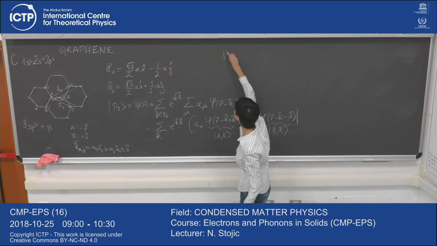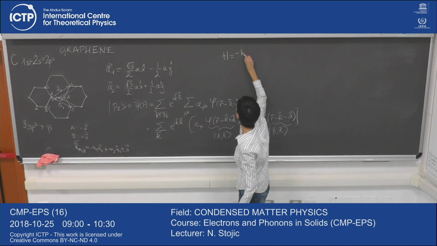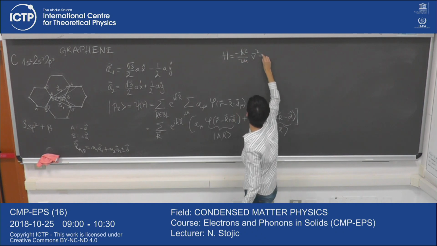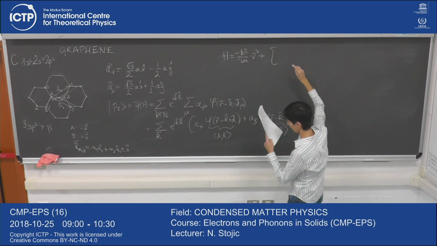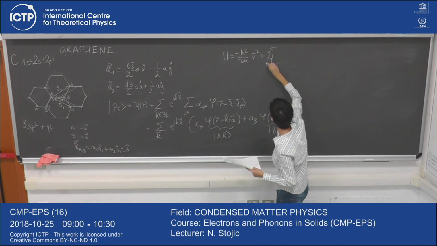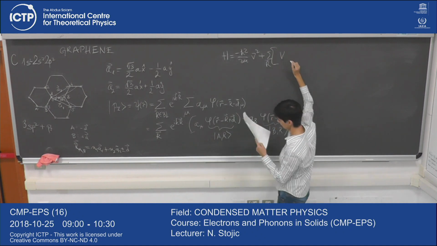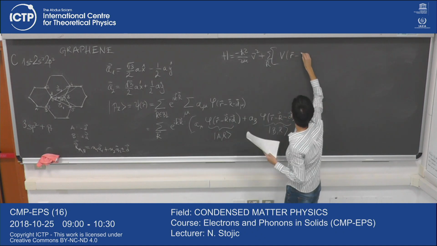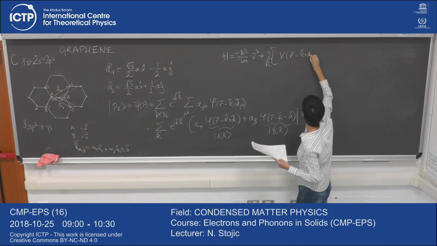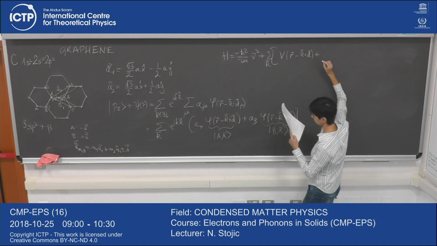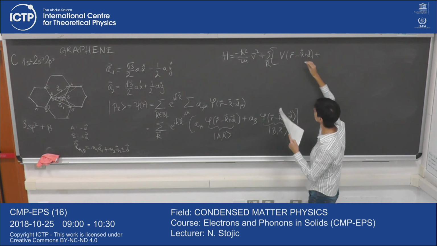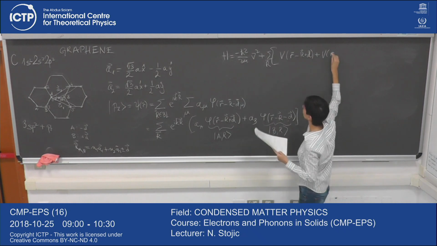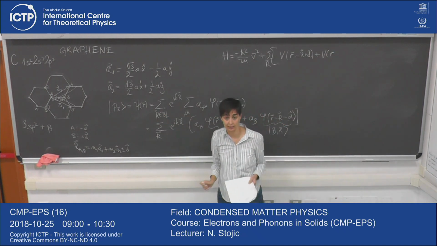We write the Hamiltonian. A sum over R, obviously, B over R minus R plus D. These two atoms are identical.